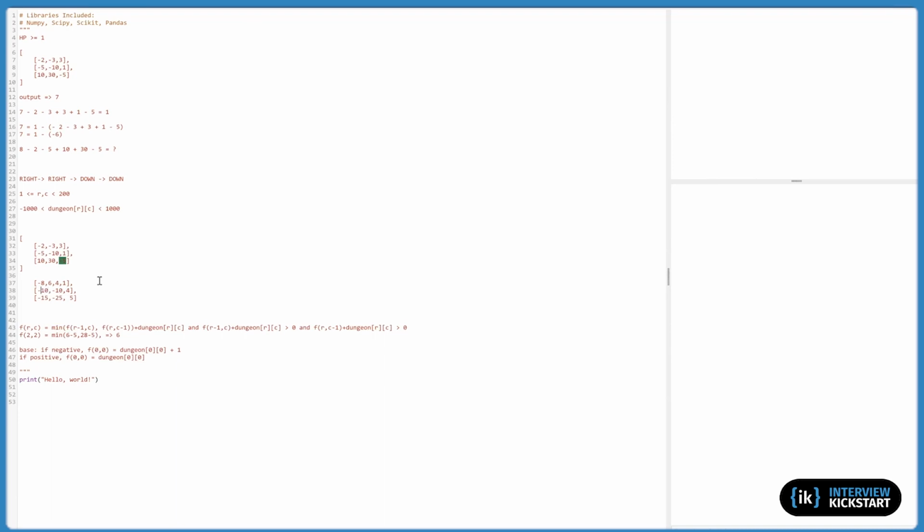I guess this probably should be 10, but for cell 00, it looks like we need to look at cell 00 instead of the bottom right. Determine at this starting point what is the health that's needed.